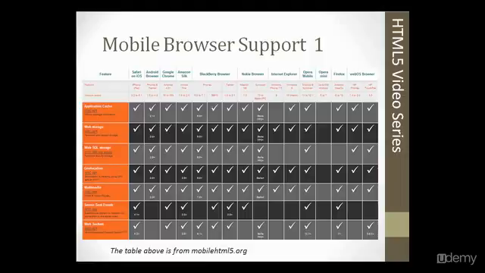As far as mobile browser support for HTML5, it's really getting there. This table is from mobilehtml5.org, and it shows which different APIs are available for which mobile browser. Mobile browsing is a little more complicated than desktop browsing because there are different versions of different browsers on different phones, on different platforms.